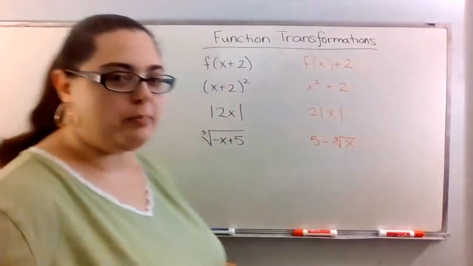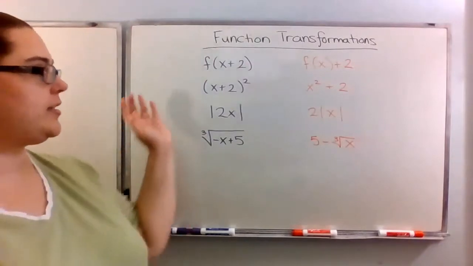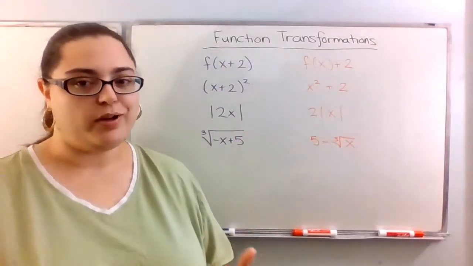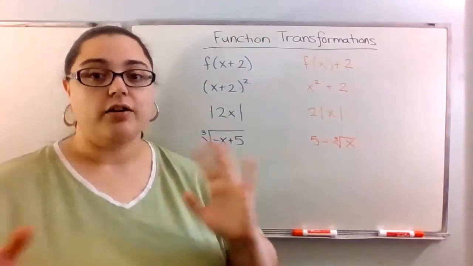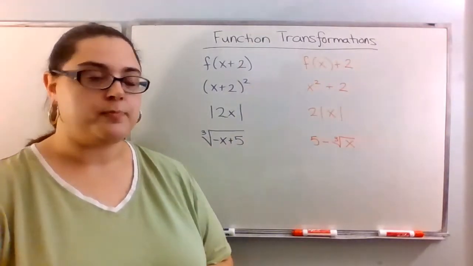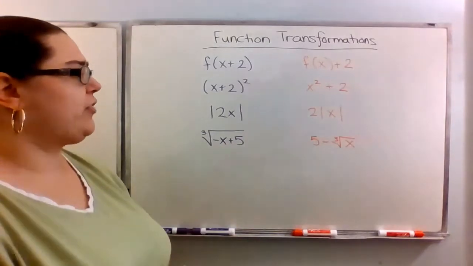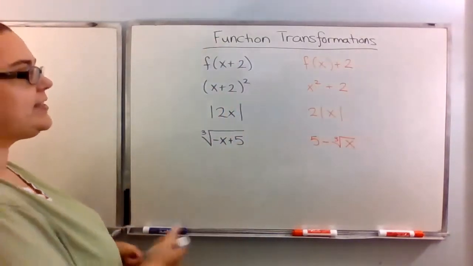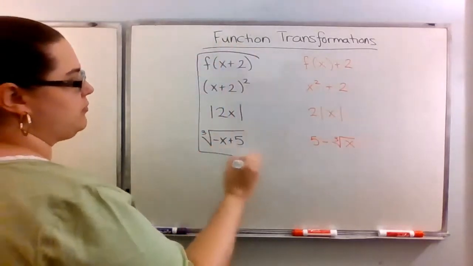So I have a few examples here of different ways that we'll be transforming functions in this course. And I wanted to talk a little bit about the difference between outside versus inside transformations. So if I look at these functions in this first column, these are all inside transformations.